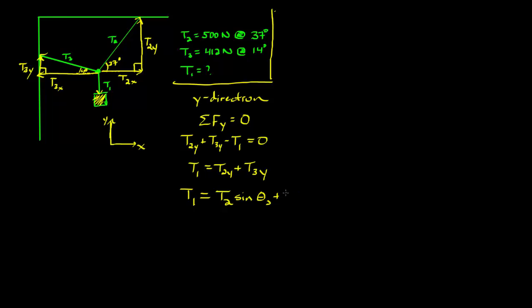So it's T3 sine theta 3. Now we can plug in all our numbers. So tension 1 would be the 500 times sine 37. That's in degrees. Make sure your calculator's in degrees when you do these. And then tension 3 is 412 sine 14 degrees. And I'm going to stop there because now it's a calculator problem.